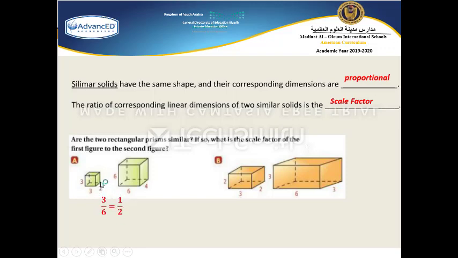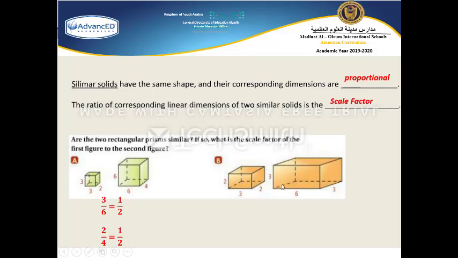Comparing the other two corresponding sides, 2 over 4, we get the same ratio, 1 over 2. Since both have the same scale factor, the first pair of solids are similar.